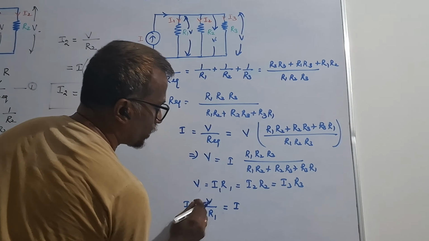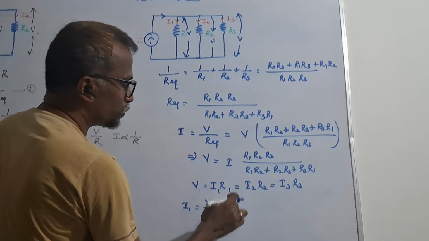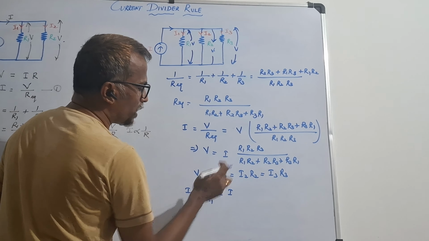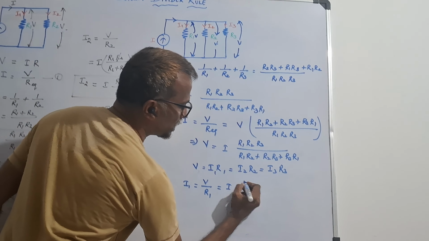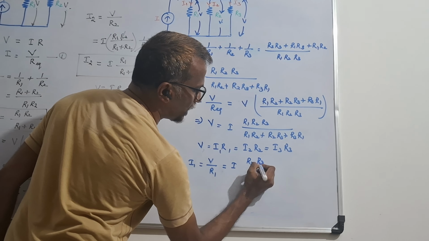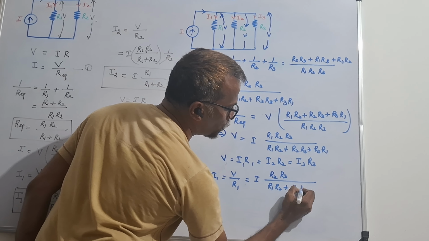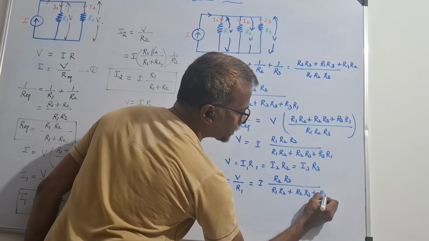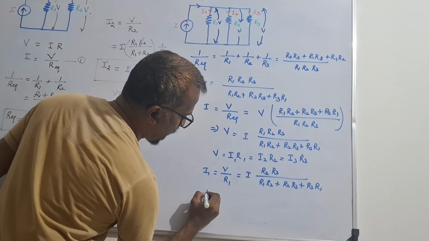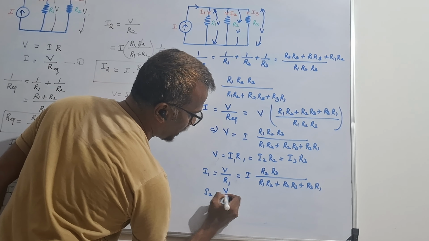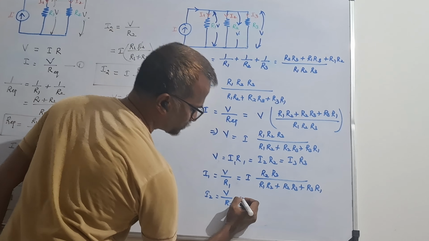I am going to substitute this V here. So this R1 and this R1 will cancel. Therefore I1 is I into R2 R3 divided by R1 R2 plus R2 R3 plus R3 R1. Then I2 is equal to V divided by R2.